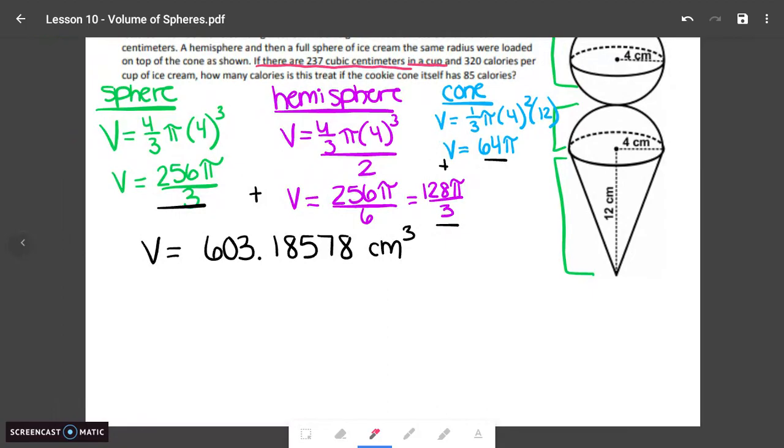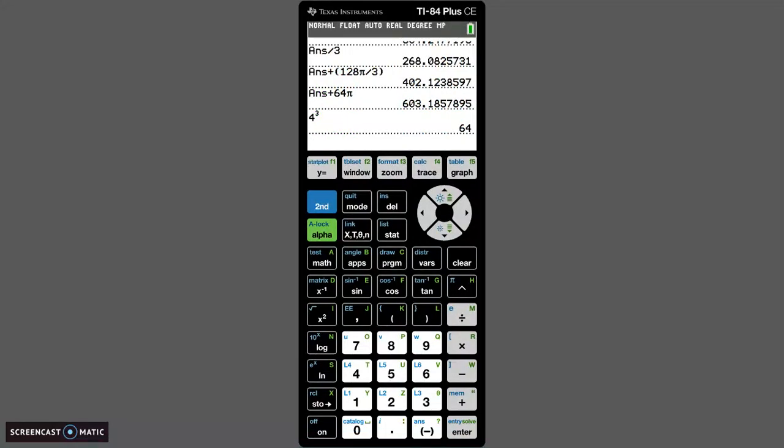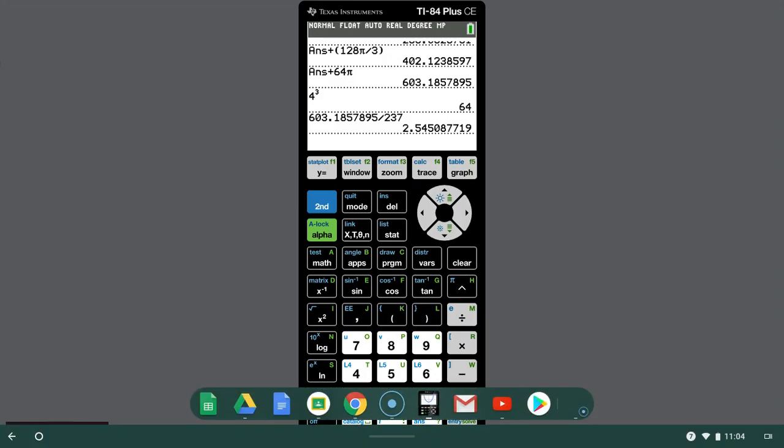Basically what you can think of is if I take this and I stick this over 1, our goal is to cancel out the centimeters here. So that's 237 centimeters cubed for 1 cup. So it's not cross multiplying because there's no equal sign. I'm multiplying it by this. So that's why it's dividing. So I'm going to let the calculator do my work here. I have that number, divide it by the 237. So now we're looking at 2.54508.